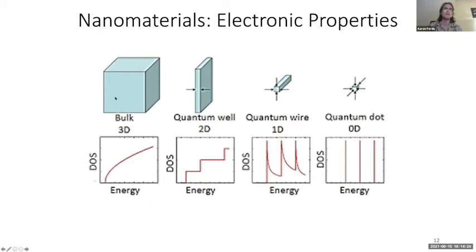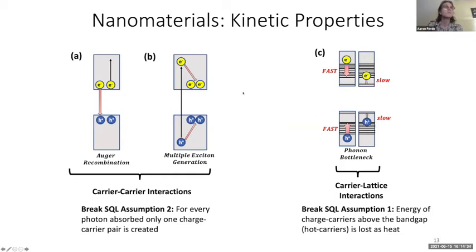Based on the dimensionality, you can tune their energy levels as a function of their dimension. And it is also possible to try to control the kinetic properties of charge carriers. So one example is that in nanomaterials, carrier-carrier interactions are enhanced.